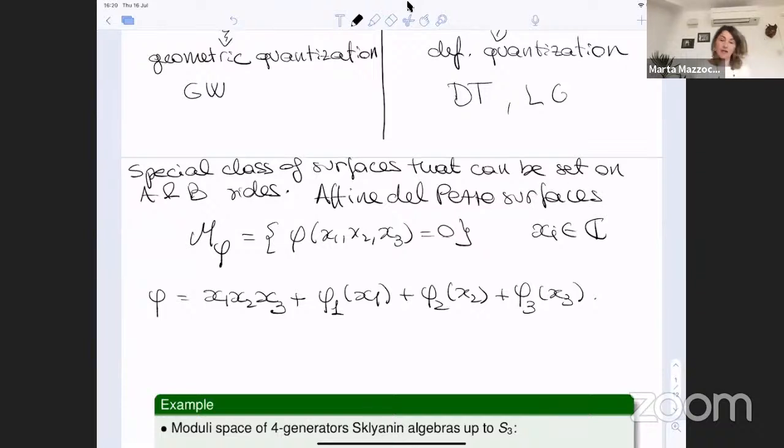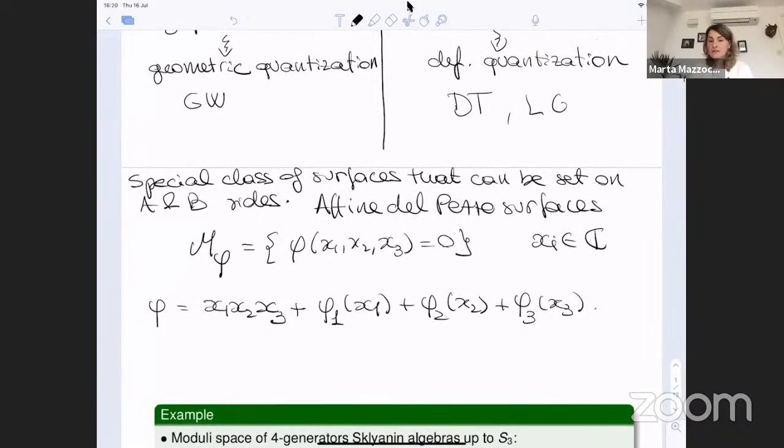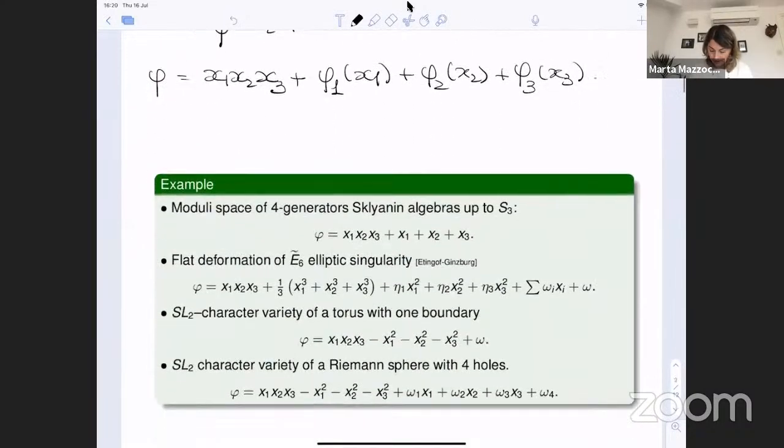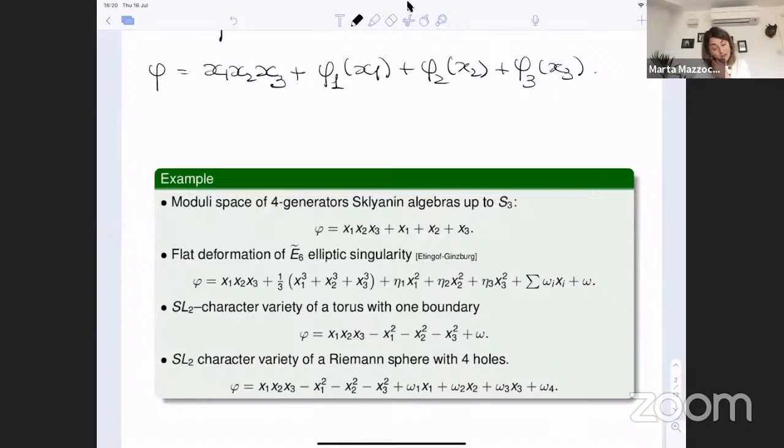Let me give you some examples where you might have encountered these surfaces, because they actually appear in many areas of mathematics. I've made a list of examples. One example is the moduli space of Sklyanin algebras with 4 generators.